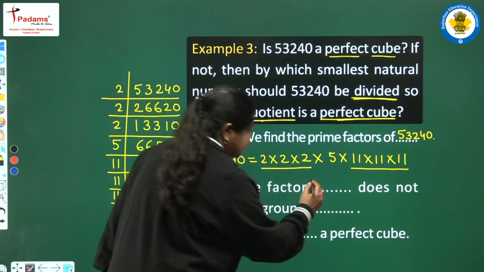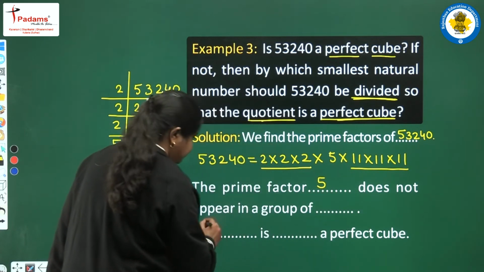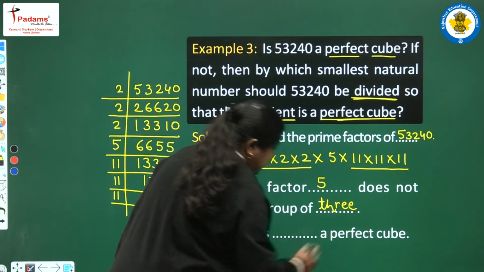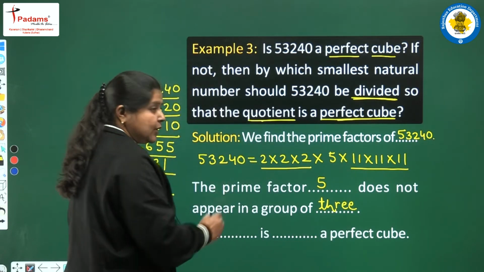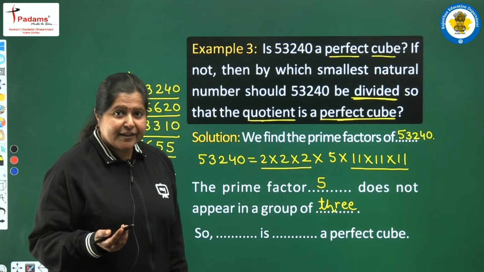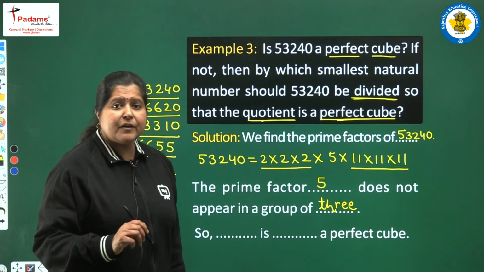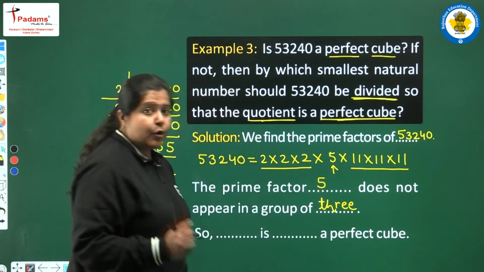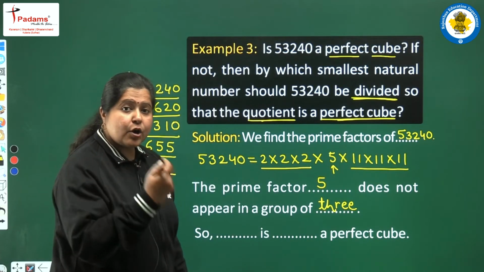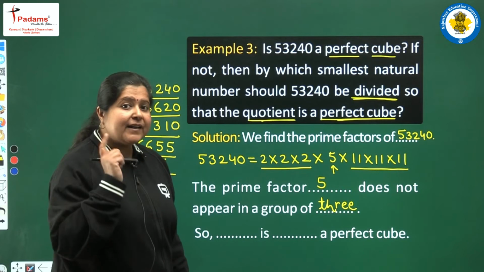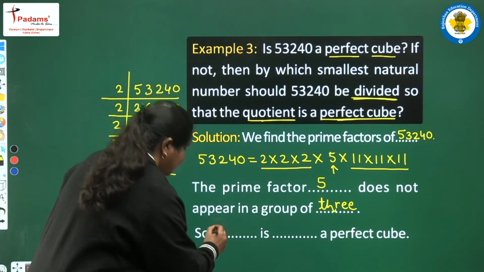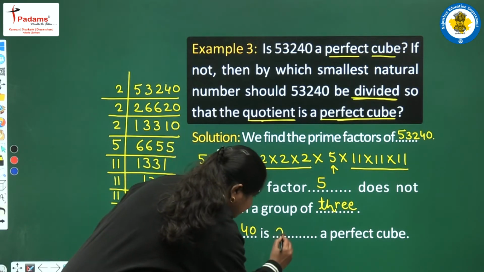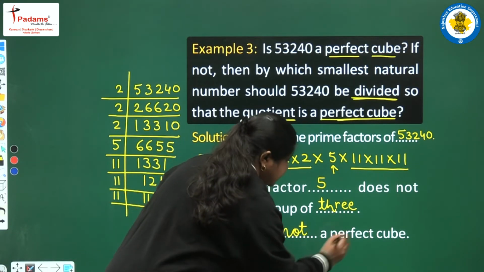So the prime factor 5 does not appear in a group of 3. और अब बताइए क्या ये नंबर 53,240 is it a perfect cube? No, it is not a perfect cube because one of its factors, it is not forming a group of 3. It is not getting multiplied by itself 3 times, and so 53,240 is not a perfect cube.